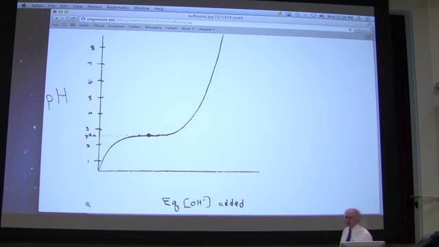Now, let's get back to the part about the buffer. I said a buffer was something that resisted change in pH. Look what's happening. In a certain region of this, it goes up very rapidly. It goes up rapidly here, and it goes up rapidly over here. But in this region from here to here, it doesn't go up very rapidly.